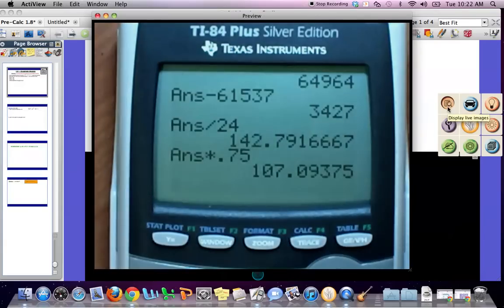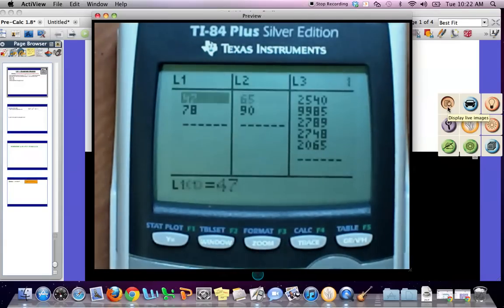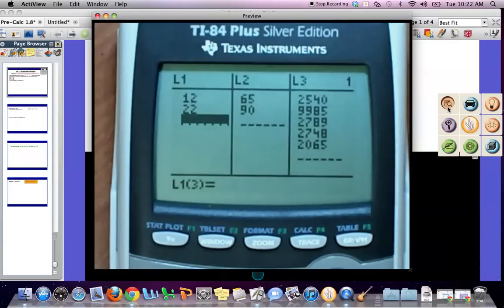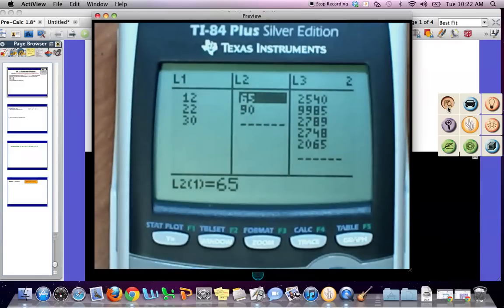I'm going to plug these into stat edit. So in list 1, what were the miles per hour? 12, 22, and 30. And what were the corresponding calories burned? 152. I'm putting that in list 2. 105 and 165. All right.